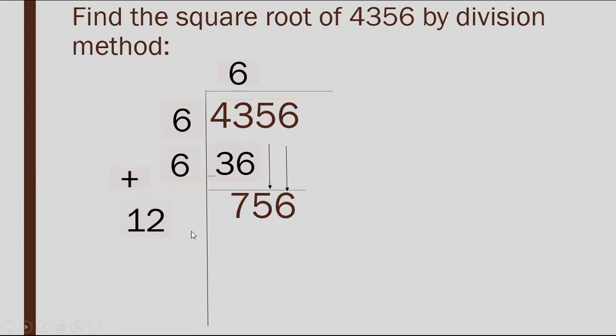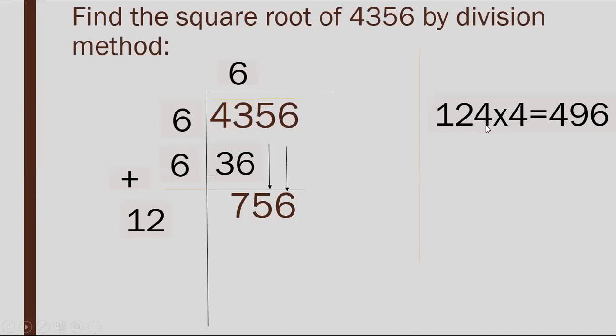Now here with the 12, I want such a number which when multiplied by the same number gives 756. Okay, 756. So in the rough column, let's check the numbers. When we take 124 into 4, we get 496. Why have we selected 4 directly?